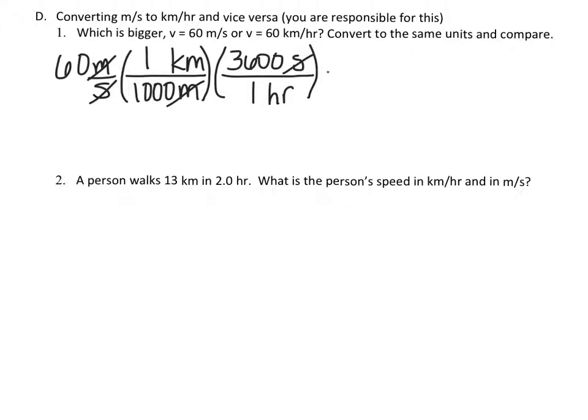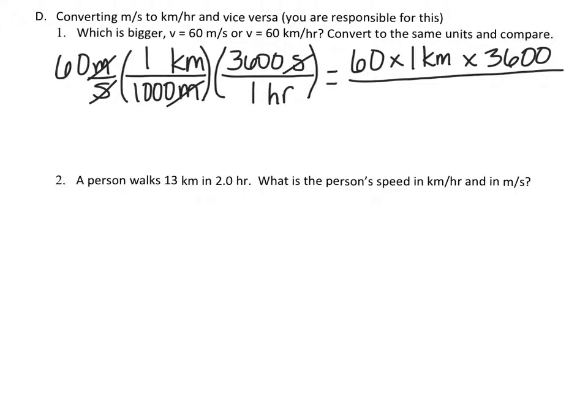From this point, all I need to do is multiply across everything in the numerators. So I have 60 times 1 kilometer times 3,600. Remember, those seconds canceled out on the top, so I don't have to write them. And then on the bottom, anything that did not cancel turns out to be 1,000 times 1 hour in this case.